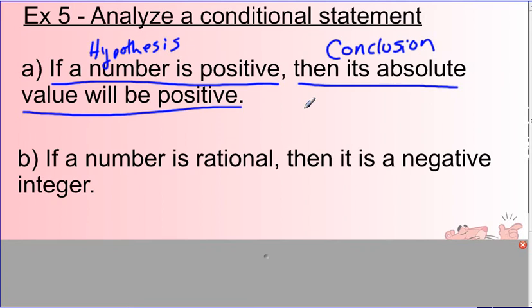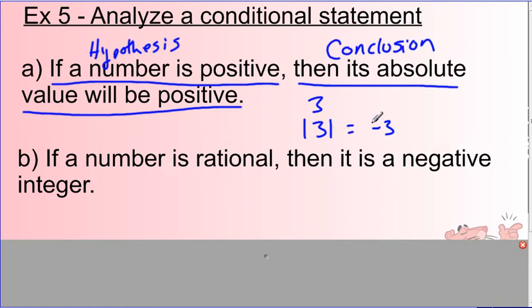So let's see here. If a number is positive, then its absolute value will be negative. Let's think about that. We can write down an example. Is this true? So if I have the number 3, is the absolute value of 3 a negative 3? No, that's not true.